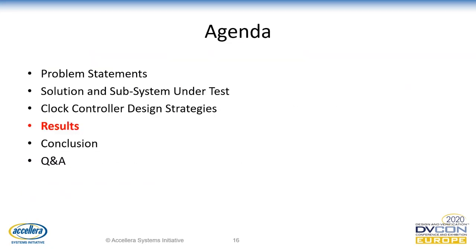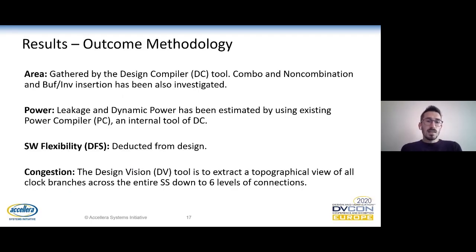Now, let's talk about the results. This is the methodology that we adopted to gather all these numbers. We analyze the area and we get these numbers from the sign compiler tool. We analyze the combo and the non-combinational area and most of all the buffer insertion, which is something that we would like to see. Regarding power, we also use the sign compiler to get these numbers, and we use the predefined models provided by the tool itself, and we estimate the leakage and the dynamic power.